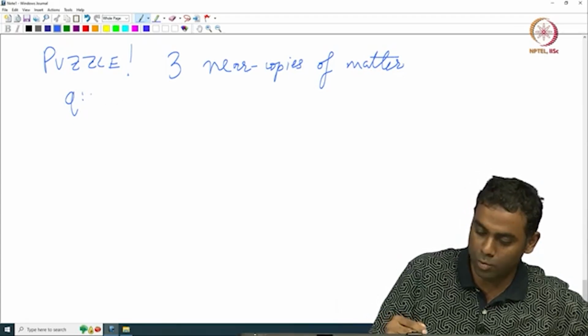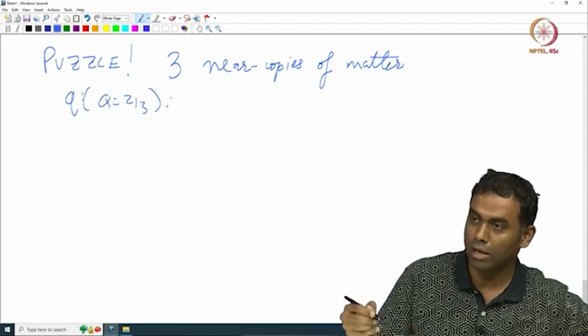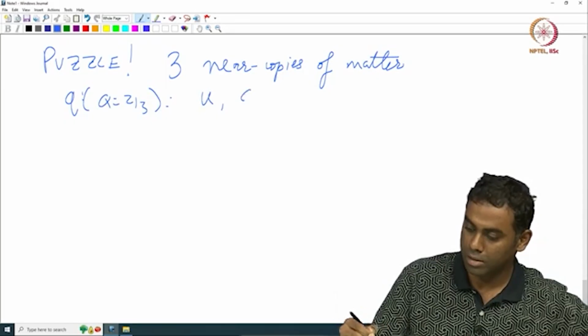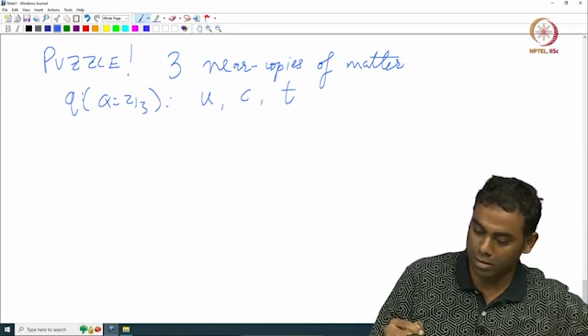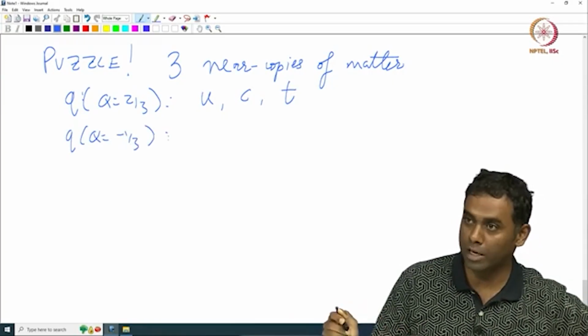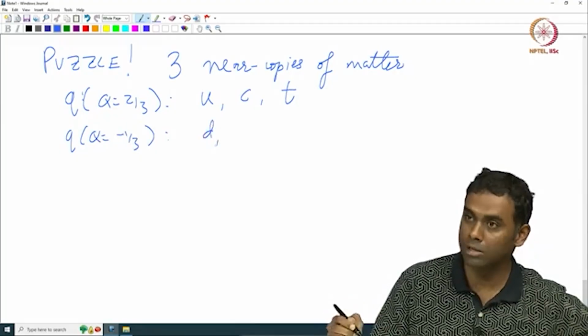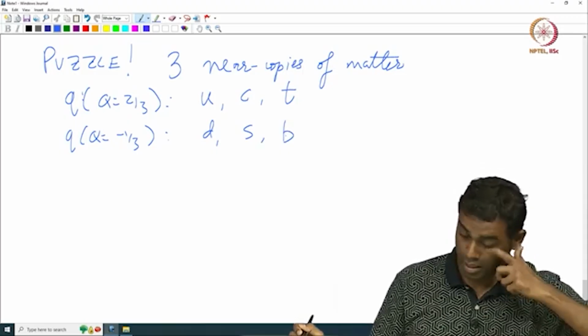So, in particular, if I want a charge of 2/3, I have the up quark, the charm quark and the top quark, and then for charge of minus 1/3 I have the down quark, the strange quark and the bottom quark, right.